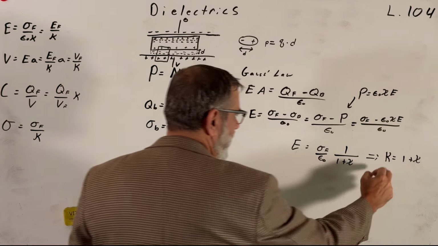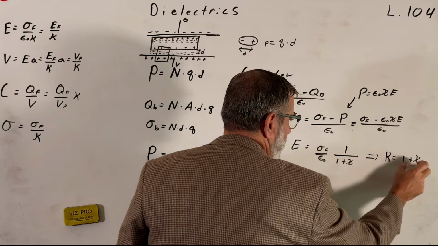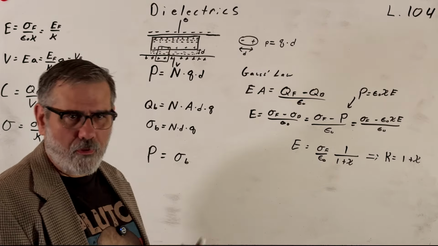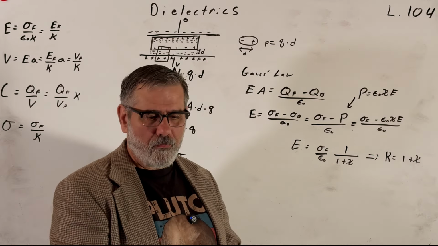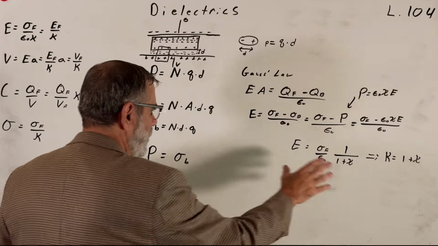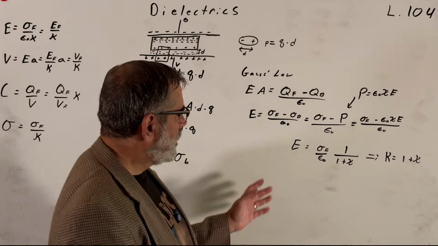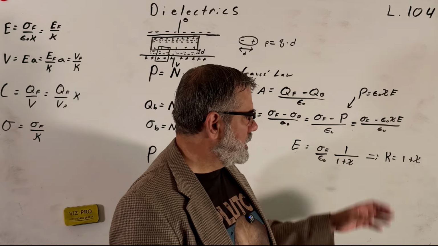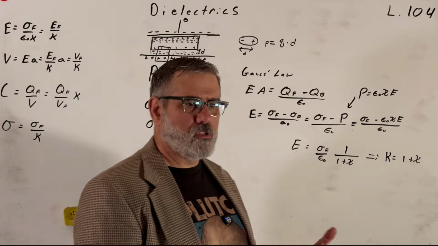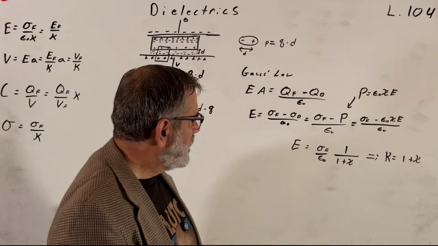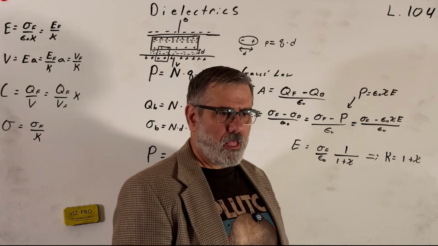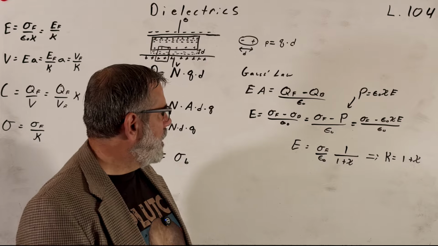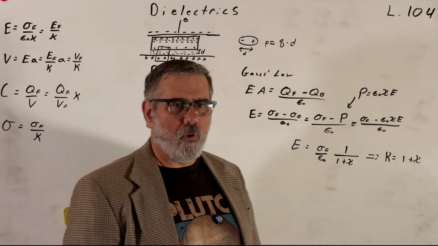So now we've related the dielectric constant to the electric susceptibility. We suspected there was a relationship, because they're kind of the same thing. The dielectric constant relates how much the electric field is reduced by the presence of a dielectric material, and it is related to the electric susceptibility, which relates how easy it is to induce a dipole in a material.